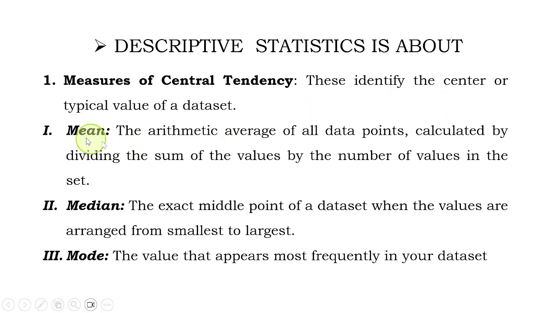These are the mean, which is the arithmetic average of all the data points, calculated by dividing the sum of the values by the number of values in the set. The median is the middle point of a data set when the values are arranged from smallest to largest. The mode is the value that appears most frequently in your data set.